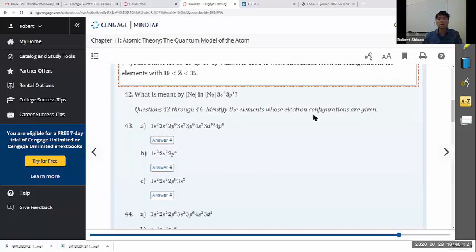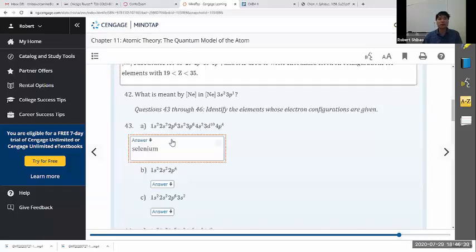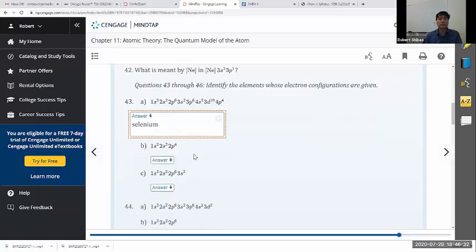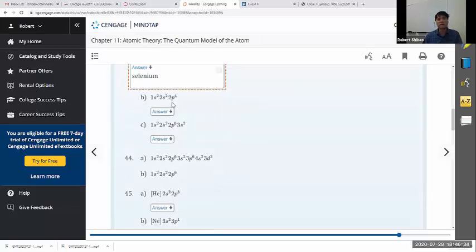Identify the elements. The 2 ways to identify: just total up the number of electrons, which should be the number of protons of the neutral atom, or we could just figure it out. This is the fourth one with 6 valence electrons, if you know the periodic table, selenium. You could just look at the periodic table.